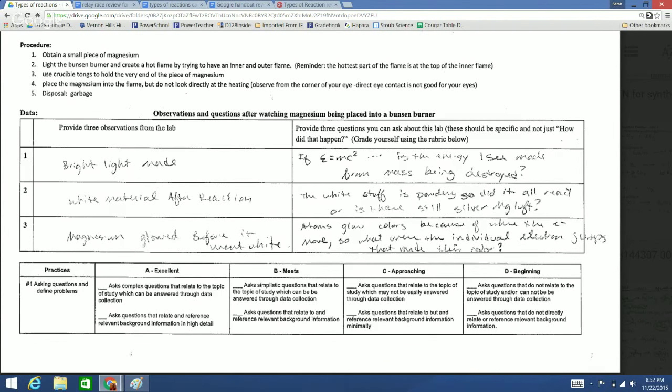My third one, atoms glow colors because of where the electrons move. So what were the individual electron jumps that made this color? I would have to do a little bit better with that question. In other words, could I get data to actually know where the individual electrons jump? Yes, it's possible. Do we have the equipment for that? No, but we could.